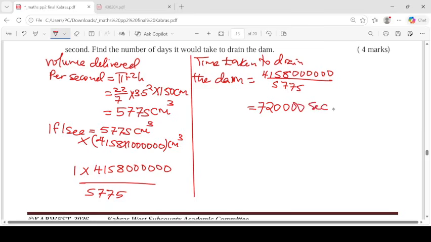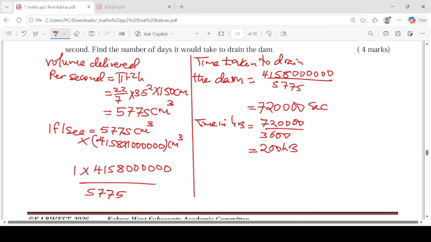720,000 seconds. This one you can convert to hours. Let me get the time in hours. I'll take 720,000 divided by 3600, which is equal to 200 hours.